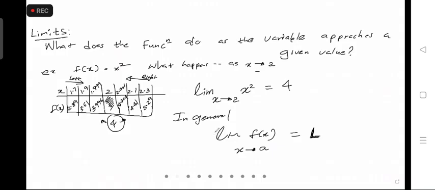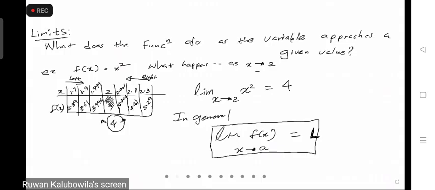So this is the general term. We can notate this: at point a, this function goes to the value called L. We represent this as the limit of f(x) as x approaches a is equal to L. That's the general notation, so you have to be familiar with it. You can write this down.